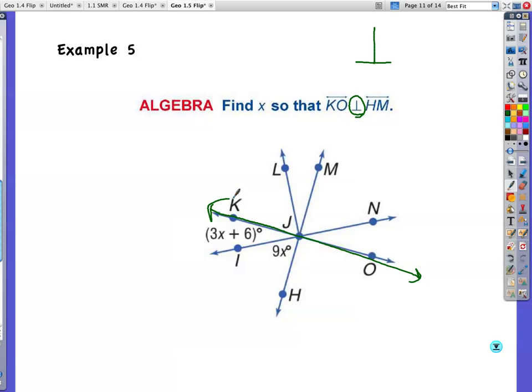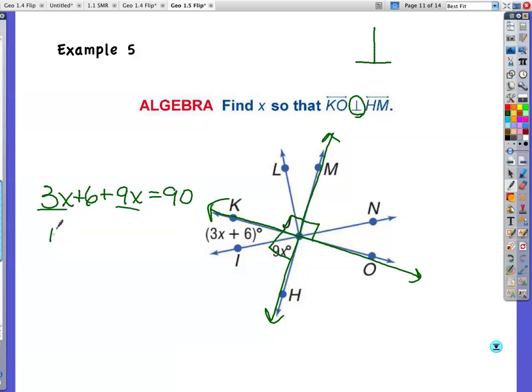When they're perpendicular, they form a right angle, which means this is a right angle, and this is a right angle, and this is a right angle right here as well. If that's a right angle, then these two things add up. The 3x plus 6 plus the 9x add up to 90 degrees.